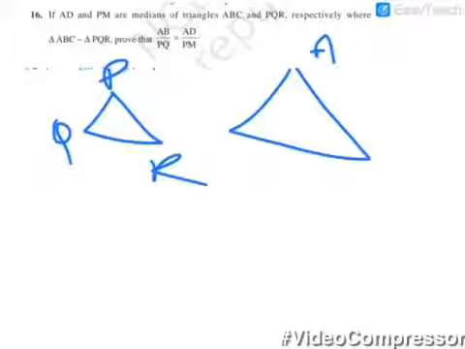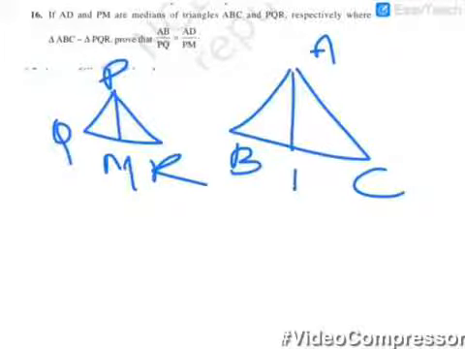Don't worry about proving both as similar. And they have said that PM is a median and AD is a median, that also is given. Now they are asking us to prove just AB by PQ.